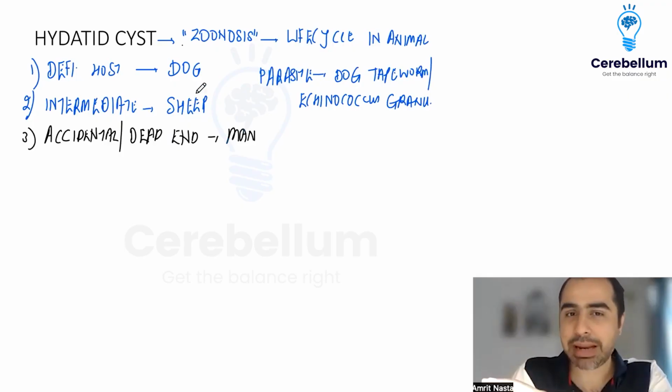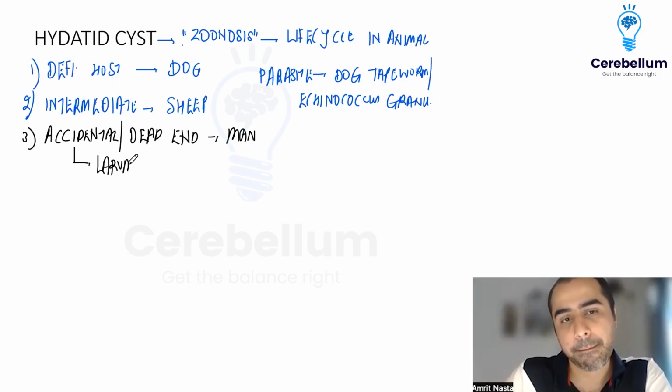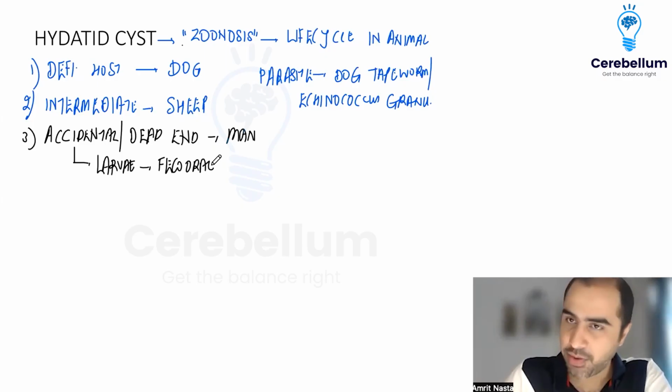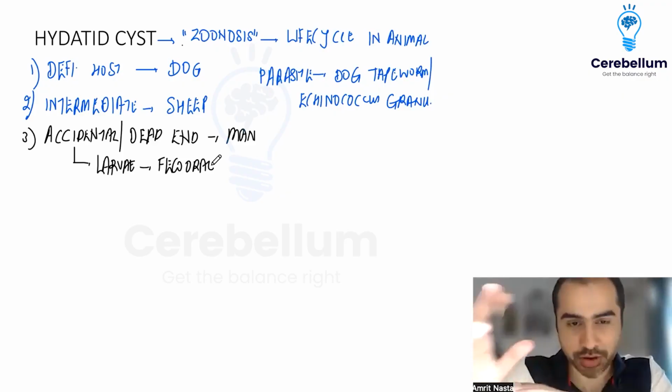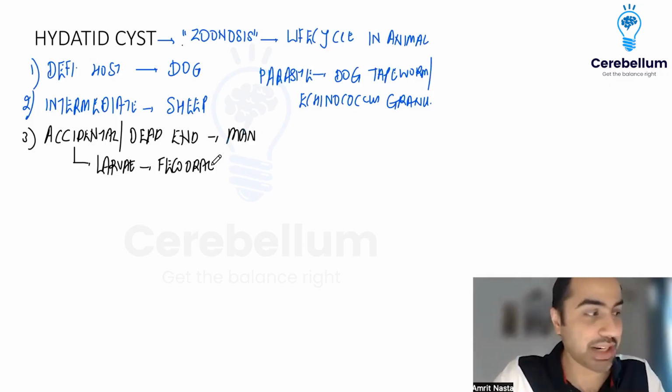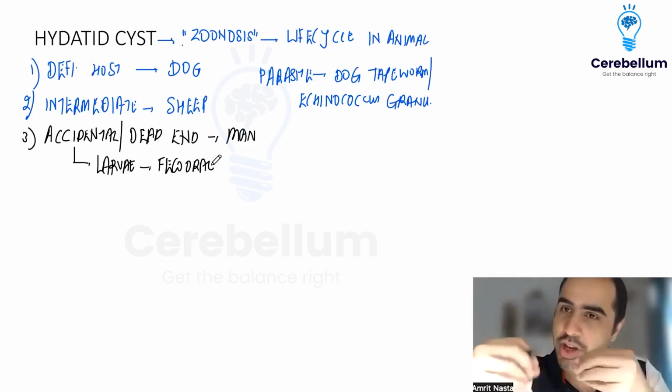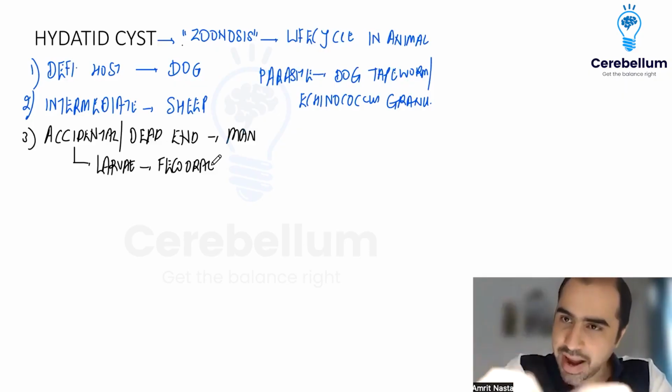Now, how does man get it? The parasite or the larva enters the man feco-orally. Okay, so it's not actually coming from the dog. Wherever the dog poops. So in the feces of the dog, the eggs are passed.